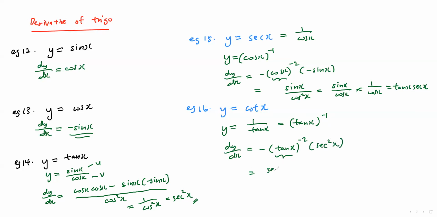So we're going to get negative secant squared x over tangent squared x. Tangent x to the power of negative 2 is 1 over tangent x to the power of 2, which is tangent squared x. If you want, you can simplify this further, but I'll just leave it like that.